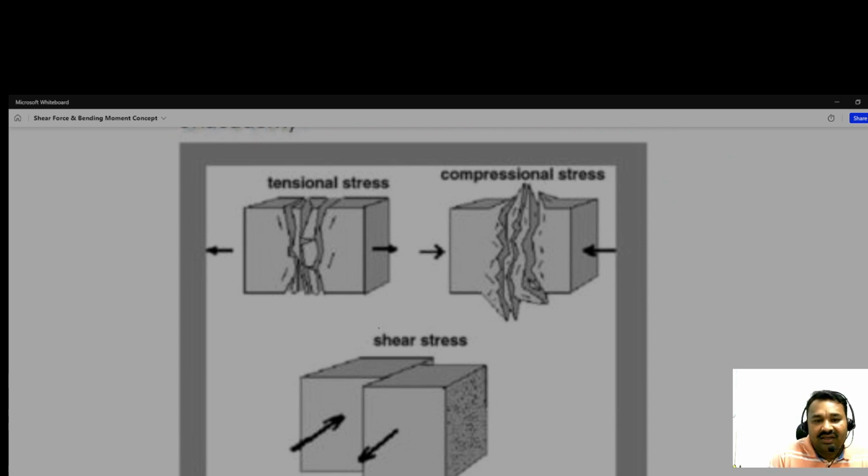Shear we already discussed. So what happens in tension? Suppose this is any body, or any rod, the better example is this rod, and suppose there is a gripper for holding the rod. If the tensile force F is applied here, it becomes like that.